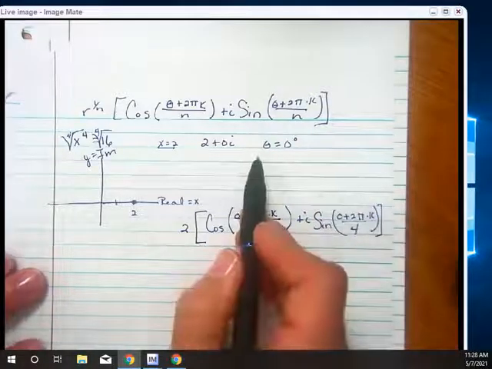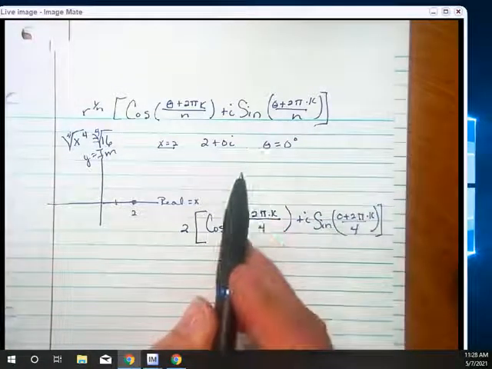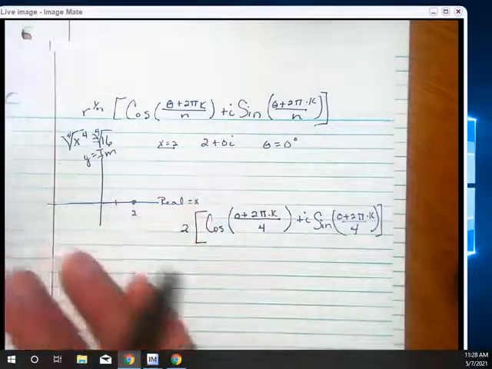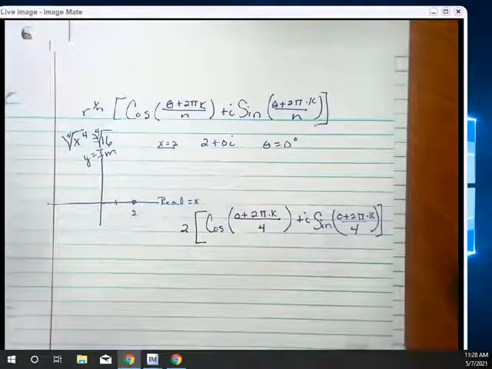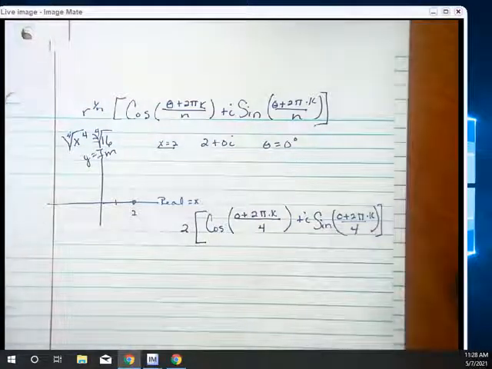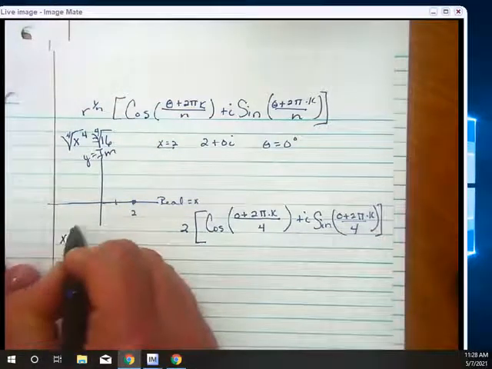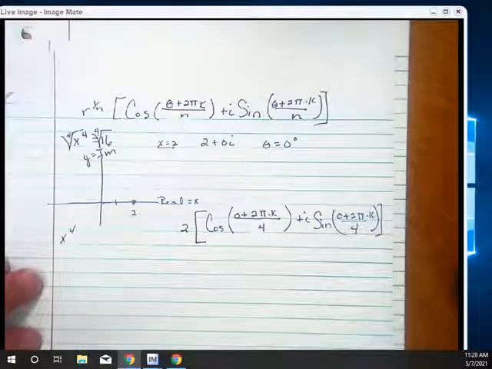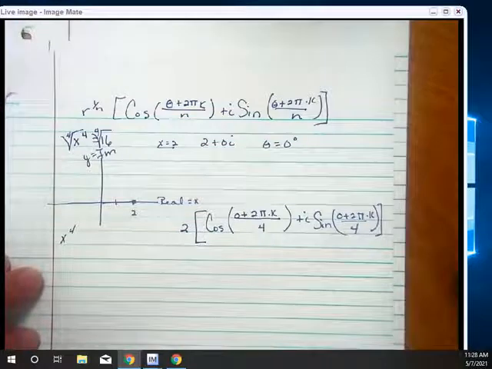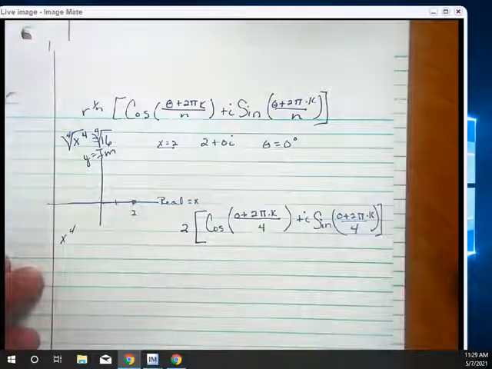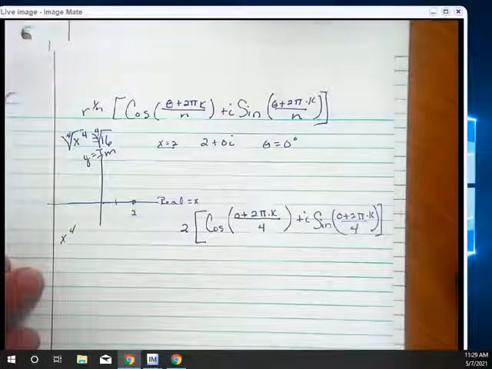Now, when you are finding roots and solving polynomials, how do you know when you have all of them? If you have x to the 4th power, how many answers are you going to have? At least 4. There may be 4 real, there may be 2 real and 2 imaginary or complex numbers.